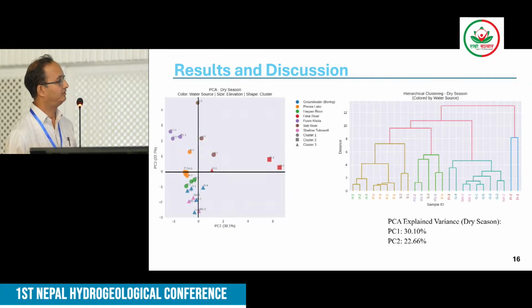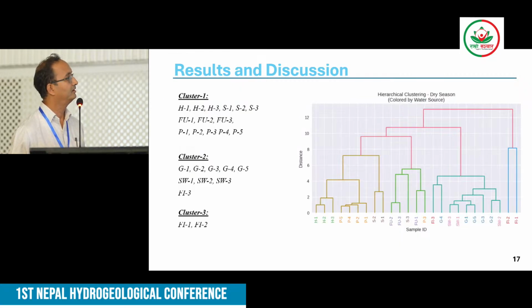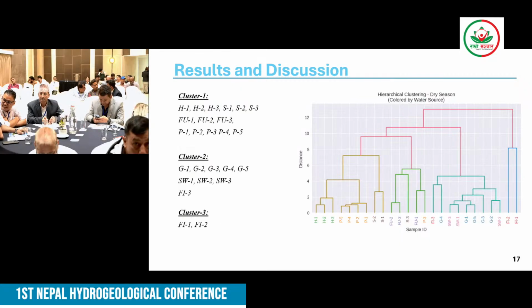In this also we have a very similar kind of variance, almost similar for the two principal components. So in this also we have these three clusters.